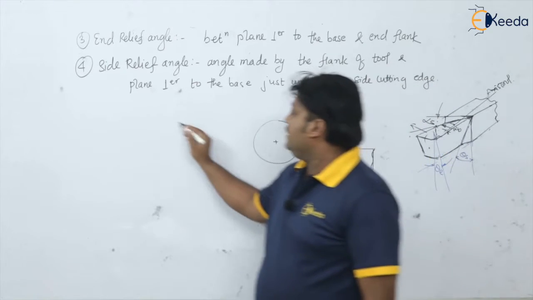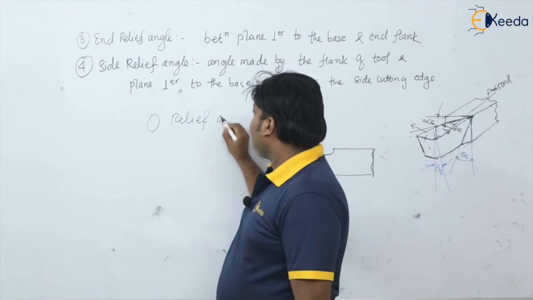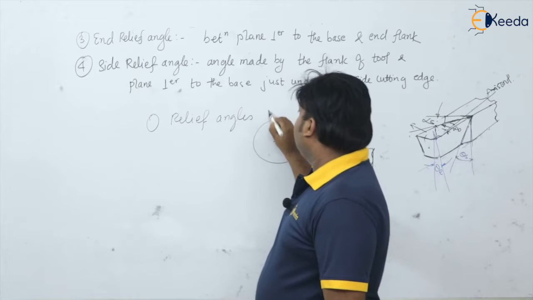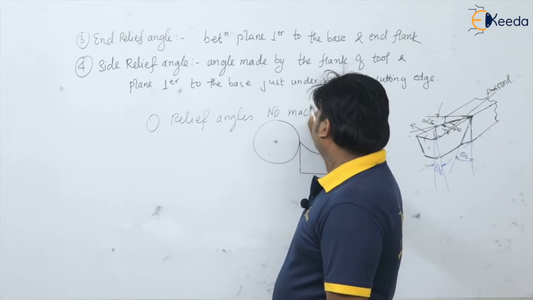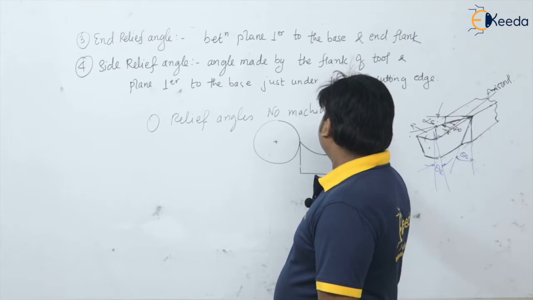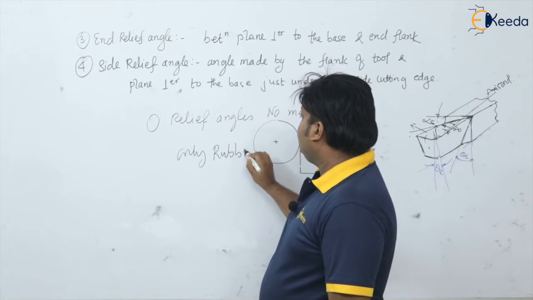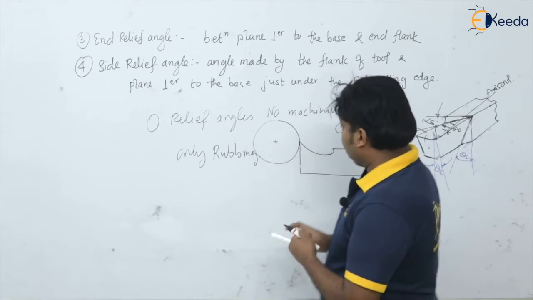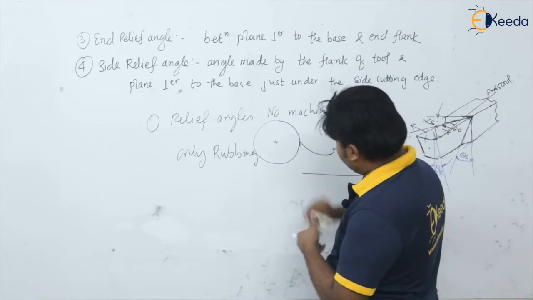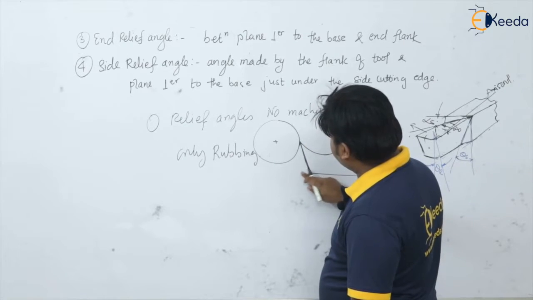With only the zero relief angle there will be no machining, but only rubbing action. The tool will simply rub onto the workpiece. Now say I provide a relief angle here.